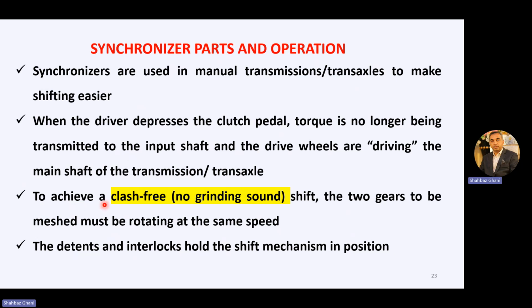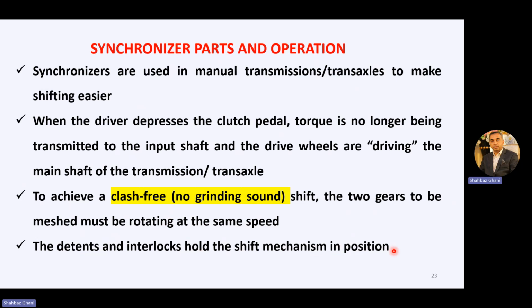To achieve a clash-free, no grinding sound shift, the two gears to be meshed must be rotating at the same speed. The detents and the interlock hold the shift mechanism in position.